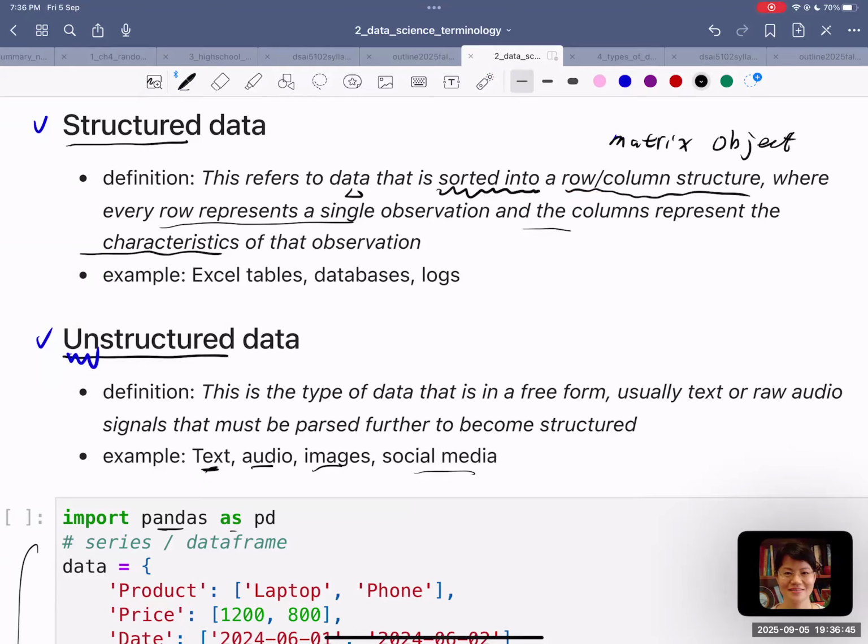And for more complex cases, people may have tensor objects. Imagine our classroom: horizontal, vertical, and also depth this way. So this is a three-way or mode-3 tensor. And a matrix just means a two-way tensor, a low-dimensional tensor. So this is structured data.